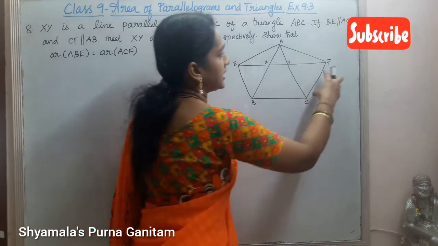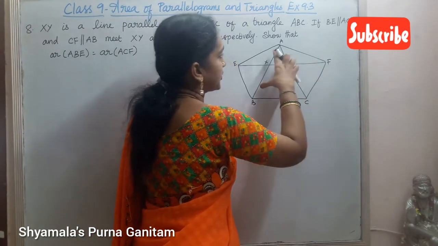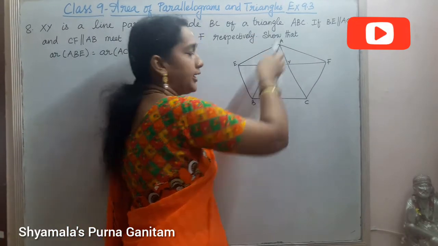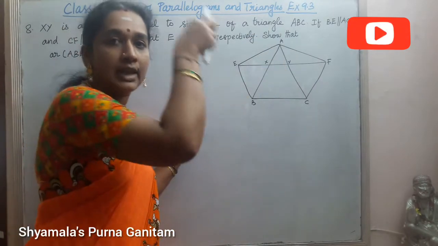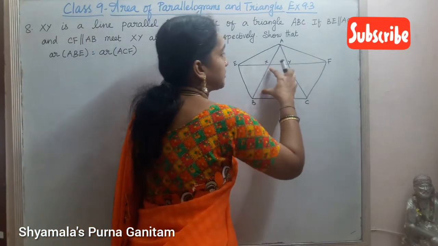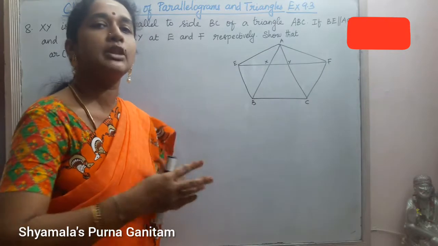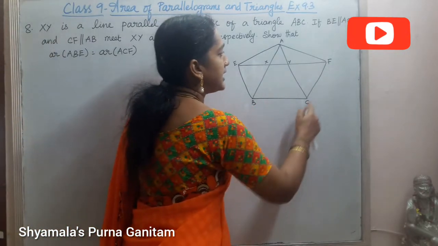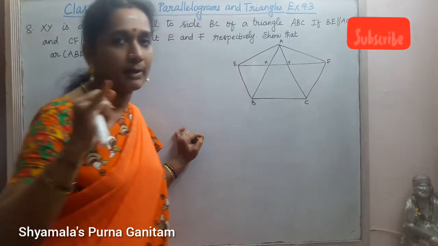In the same way, in the question it is given CF is parallel to AB. X is a point on AB, so CF is parallel to BX. So both pairs of opposite sides are parallel, so BCFX is a parallelogram.